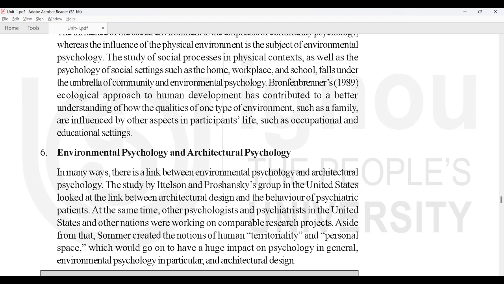At the same time, other psychologists and psychiatrists in the United States and other nations were working on comparable research projects. Aside from that, SOMA created the notions of human territoriality and personal space, which would go on to have a huge impact on psychology in general, environmental psychology in particular, and architectural design.